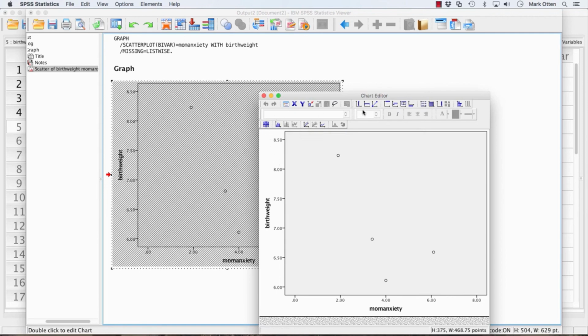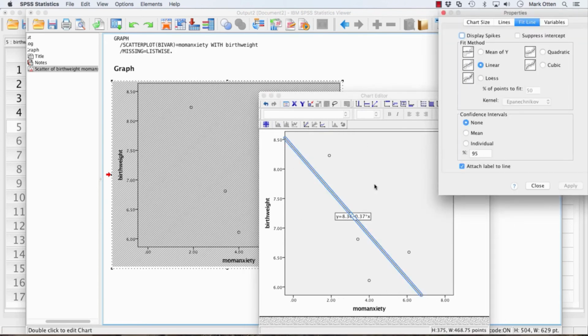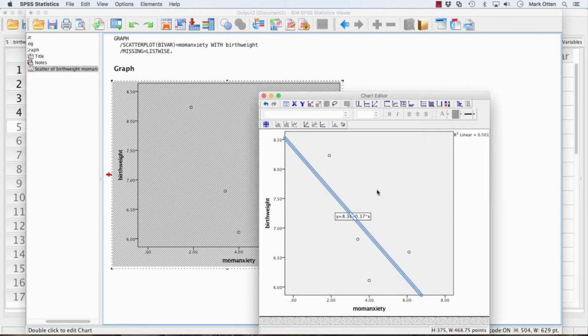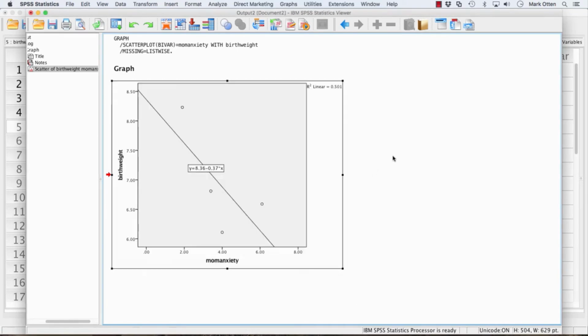There are these top 3 rows of icons. It's the 3rd row and about the 5th icon over from the left. When I hold the cursor over it, it says Add Fit Line at Total. That's your regression line. So you click on that, and it automatically pops up a window that you can just close, and it automatically puts it in there. And then you can exit that out, and it will put it in the regular SPSS output window for you.